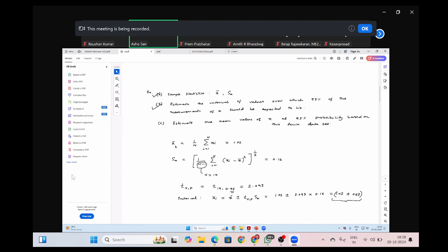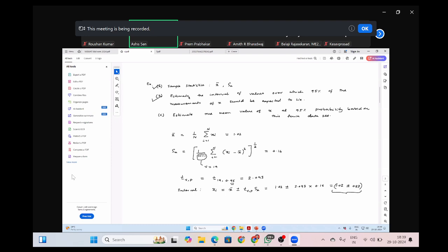You find the mean by taking the sum of xi over n, then Sx as the square root of 1 over n minus 1, sum from i equal to 1 to n, of xi minus x mean, squared. Then if you want to estimate the interval over which 95% of the measurements would lie, you have to find t of nu, p.